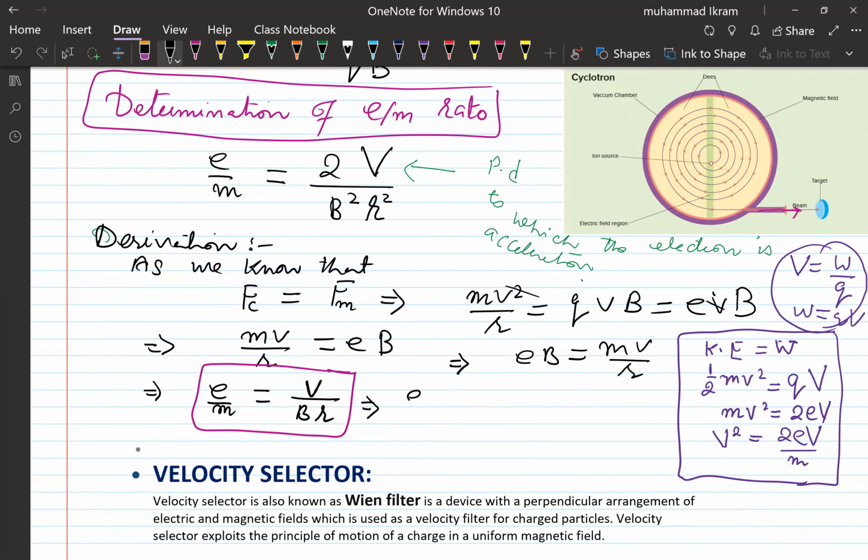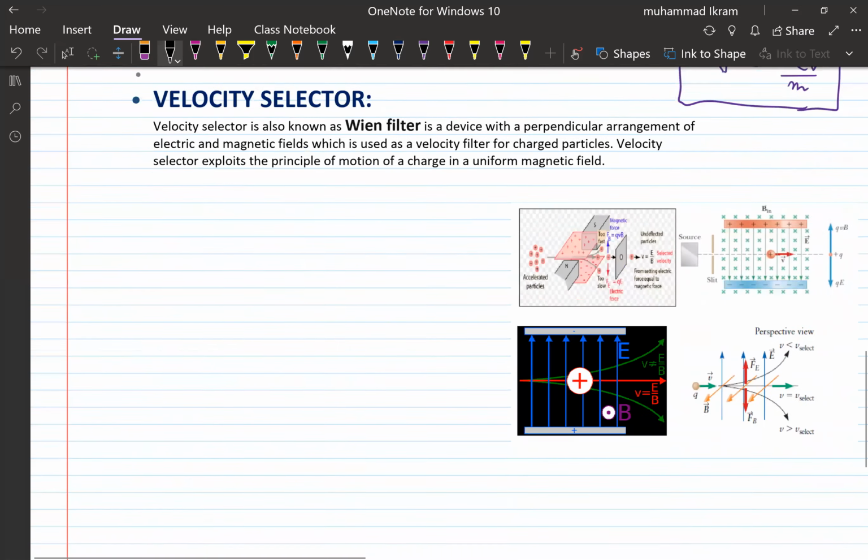So E square by M square is equal to V square by B square into R square, and we all know the value of this.